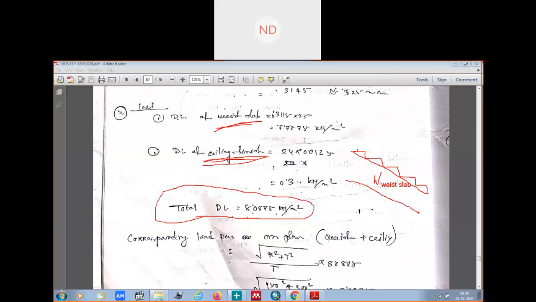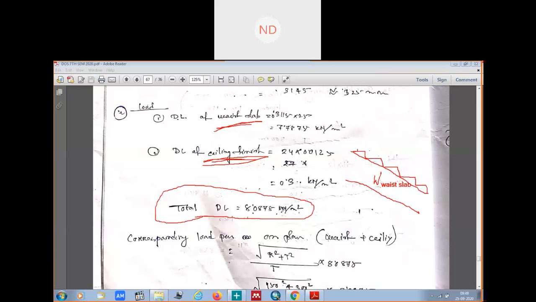Now what we do, the dead weight per unit area is first calculated at right angles to this slope. The corresponding load per unit horizontal area is then obtained by multiplying the dead load. Now the total dead load from the waist slab and the ceiling finish is coming to be 8.0875, you can calculate.